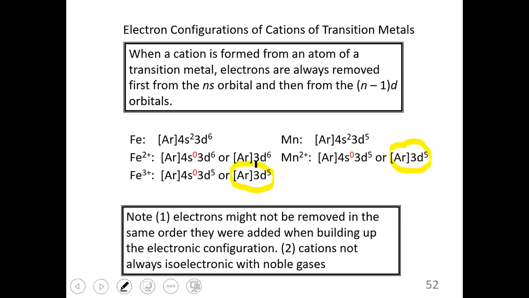The other thing we find is that the cations are not always isoelectronic with noble gases. Notice that neither the iron 2, nor the iron 3, nor the manganese 2 ions are isoelectronic with a noble gas. They have a core of a noble gas, but then they have some electrons in the 3d subshell, all right?